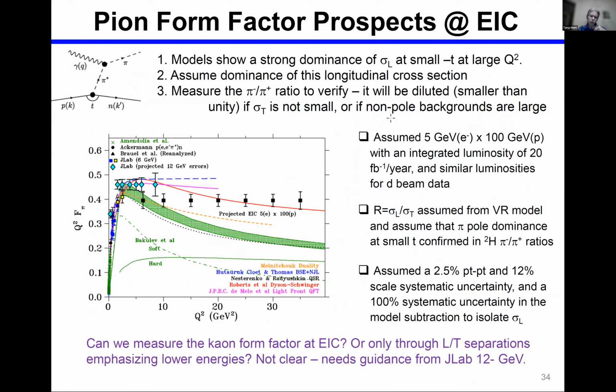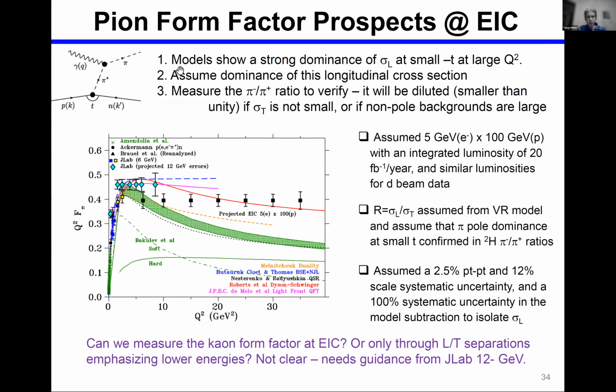If you remember from earlier slides, what we wanted is to have an expanded range in Q squared to actually draw these conclusions on the distribution amplitudes. So here shown is the projection, making a couple of assumptions.